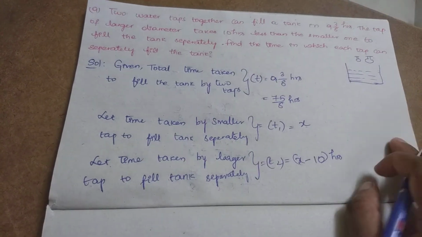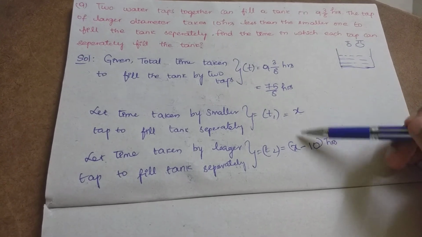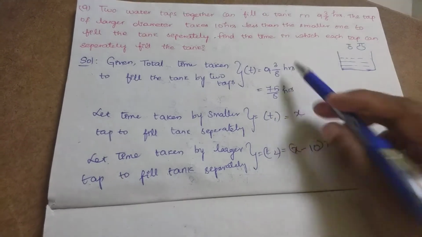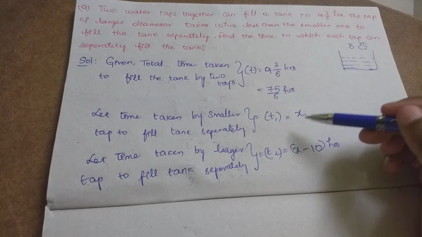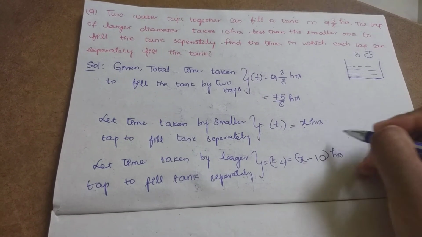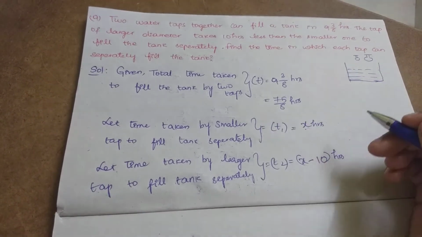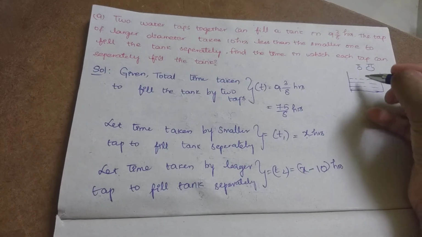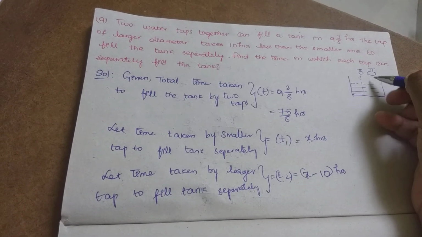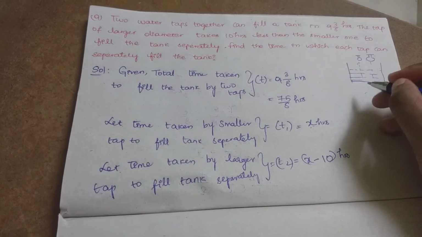So here they have given the condition for the times of the two taps. We have assumed the smaller tap as X hours and the larger tap as X minus 10 hours based on the information given in the question and the total time they have given. The distance for both the taps to fill the tank is the same.